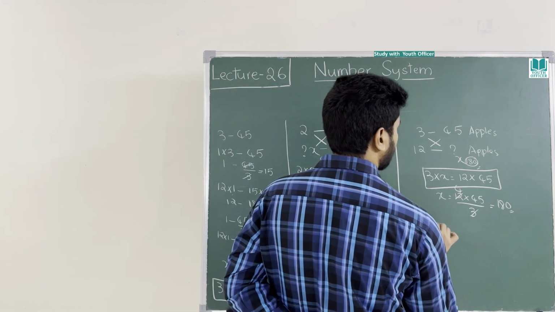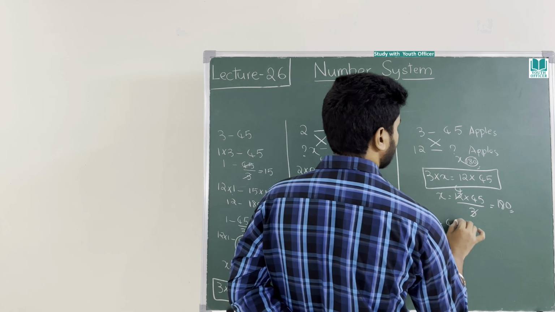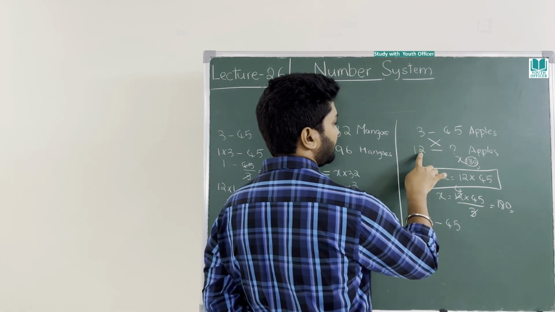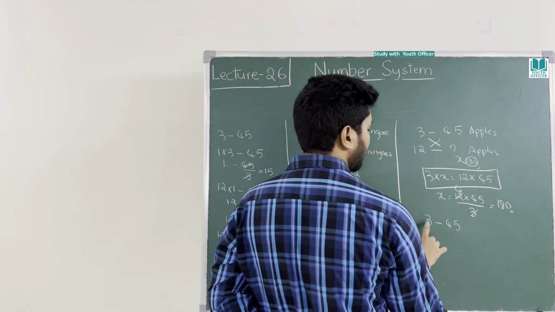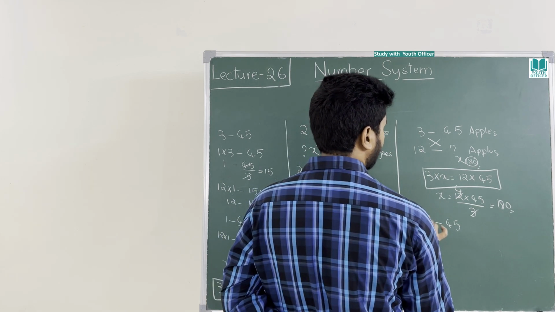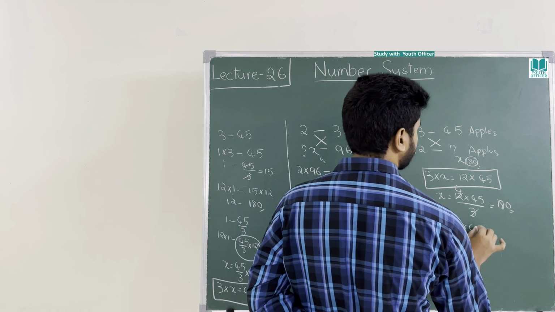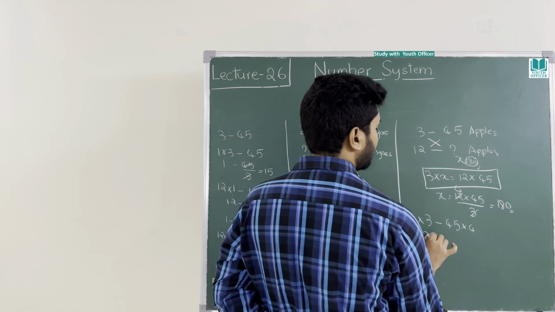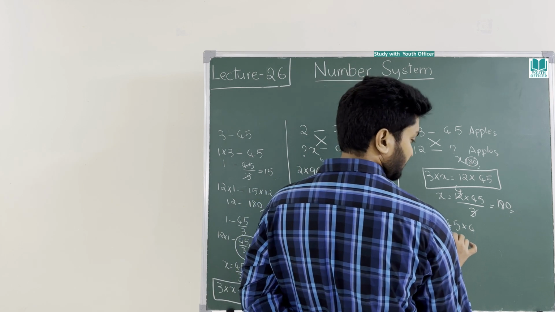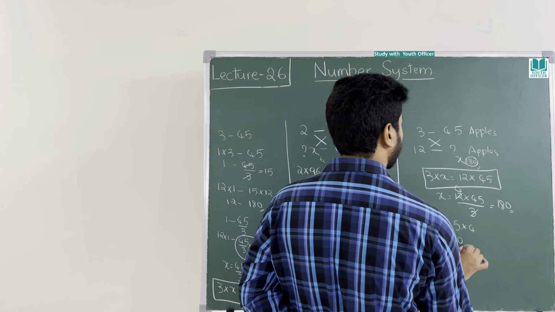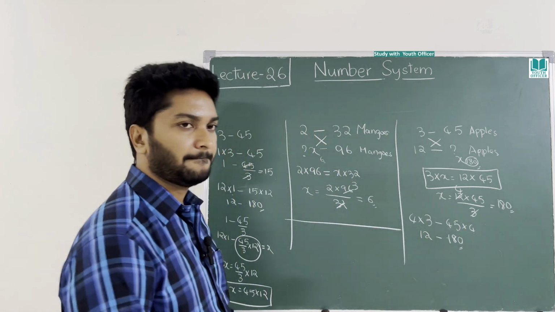3 members, 45 apples they can eat. Now 3 is a factor of 12, right? How many times do you have to multiply on both sides to get 12? 4 times. Directly you get 12 members can eat 45 into 4, which is 180. Answer you will get directly.